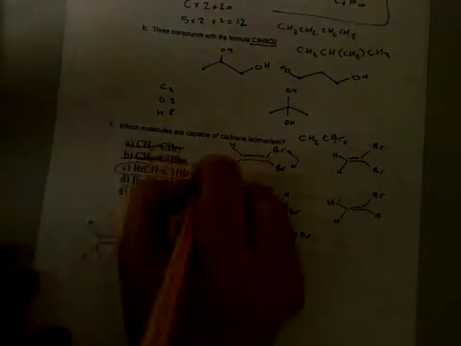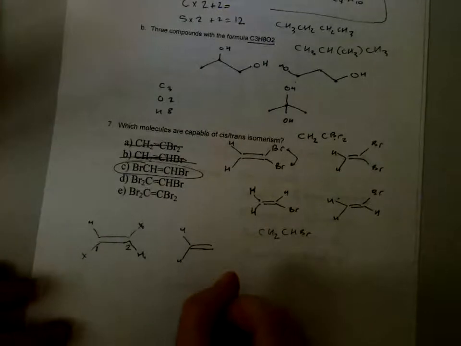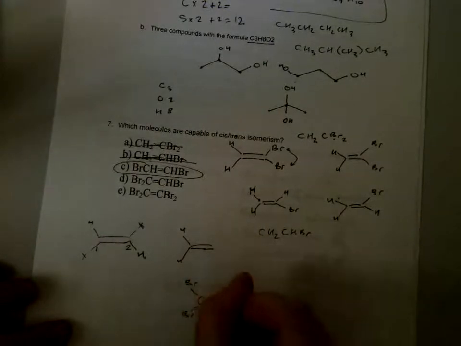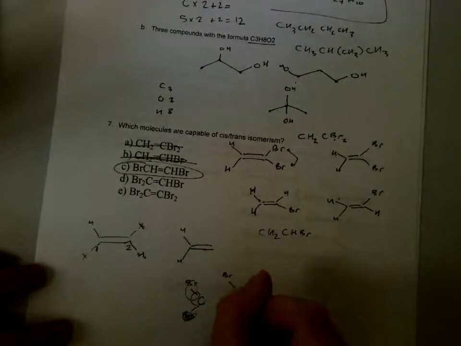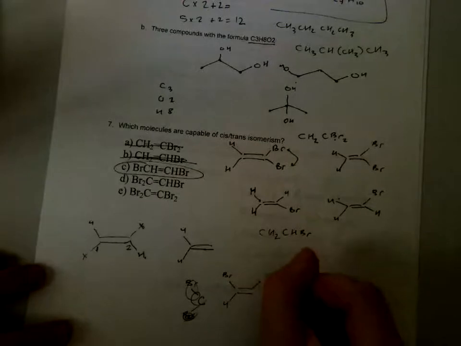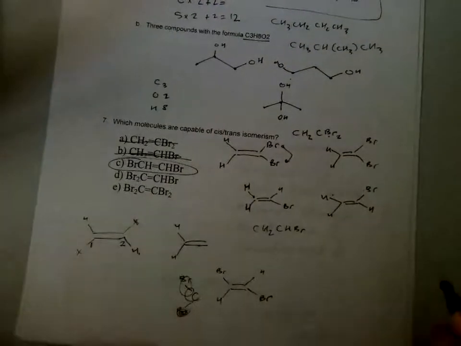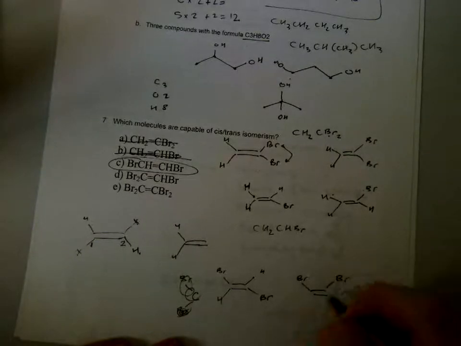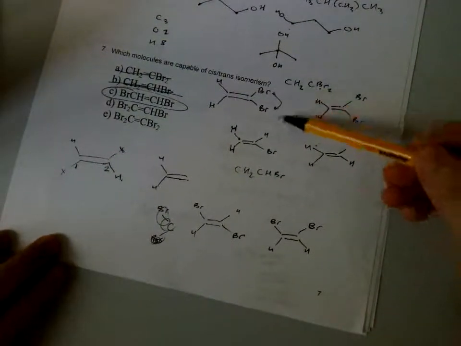Now, this has all the features we need. I can already tell because it has a bromine and a hydrogen on one side, a hydrogen and a bromine on the other. So if I break this and flip it, we'll get a bromine and a bromine and a hydrogen and a hydrogen. See how when you flip these, nothing changes.